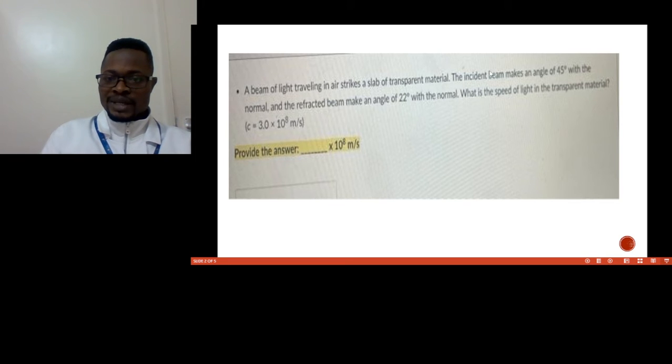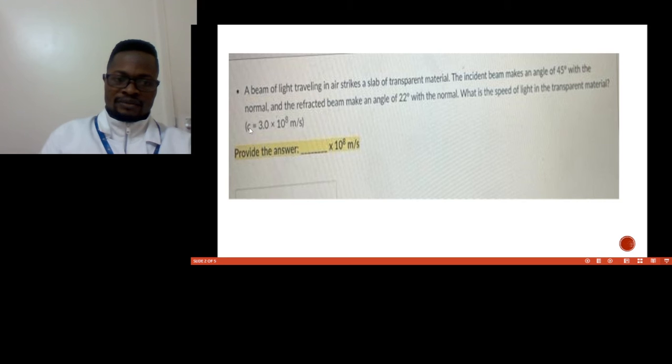The incident beam makes an angle of 45 degrees with the normal, and the refracted beam makes an angle of 22 degrees with the normal. So, what is the speed of light in the transparent material?